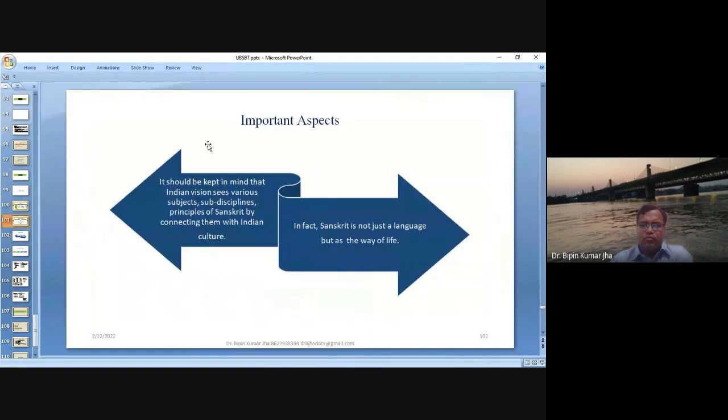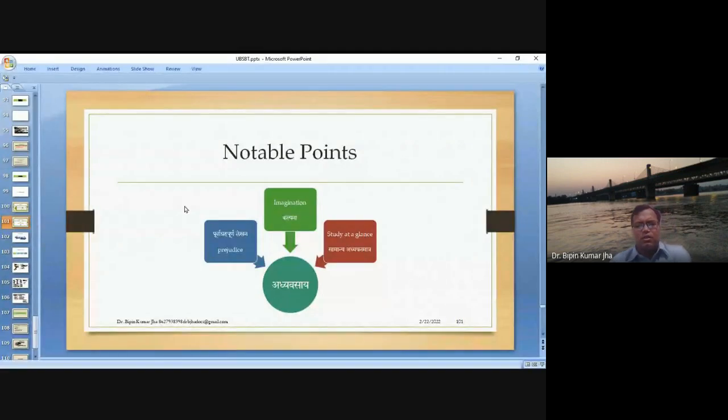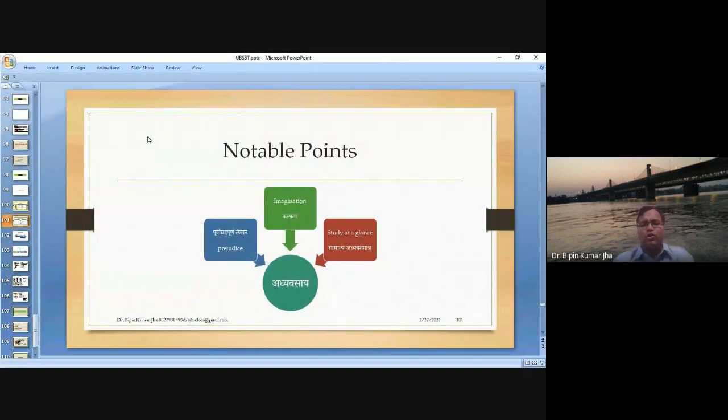Now, something which is quite general, which we need to follow while we are translating or reading the text. First of all, while we are studying, at that time we need to think that we are not aware of anything. There should not be presuppositions that you have already thought that in this text they have mentioned in such a way.